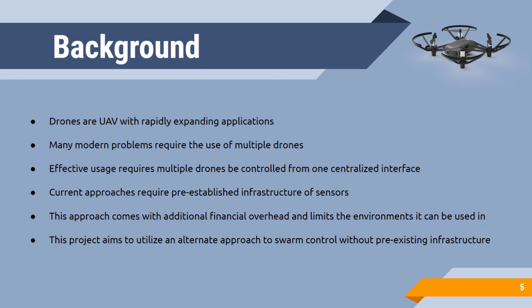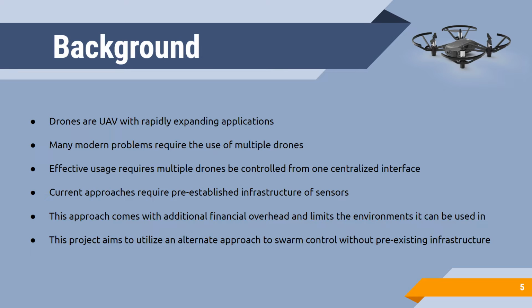And to effectively use a swarm, especially a swarm drone, having a centralized interface is really crucial. So this just means that you can have one place that's sending out the commands that has control over the swarm, and you are able to see that your connection is maintained.